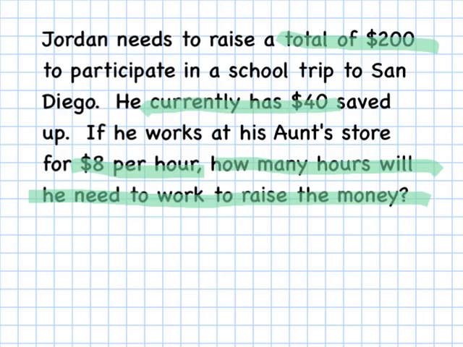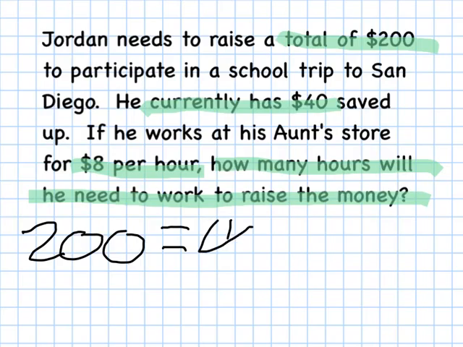So let's read the problem and translate at the same time. Jordan needs to raise a total of $200 for the trip. So let's just write 200 for $200. Now he's going to start at $40. That's a constant amount. So we're going to put an equal sign here. The 200 is going to be made up of the 40 he has now, and the rest he's going to get by working at his aunt's store at the rate of $8 per hour.